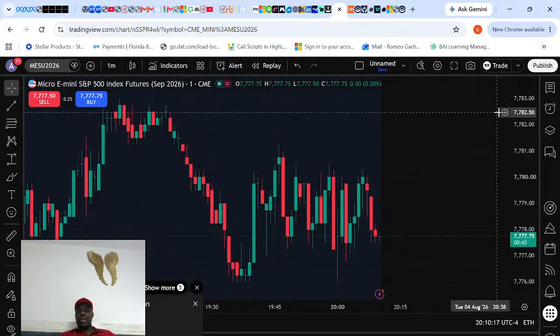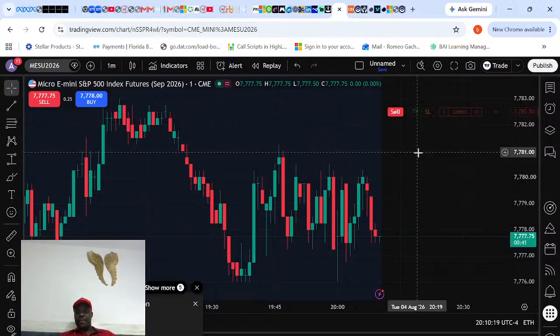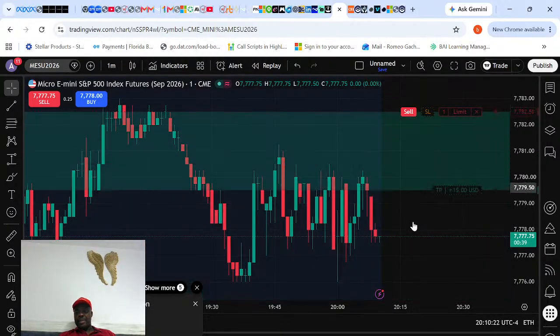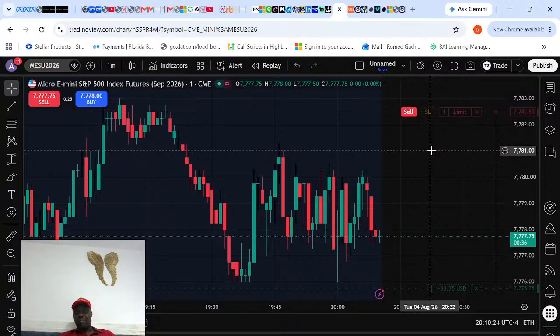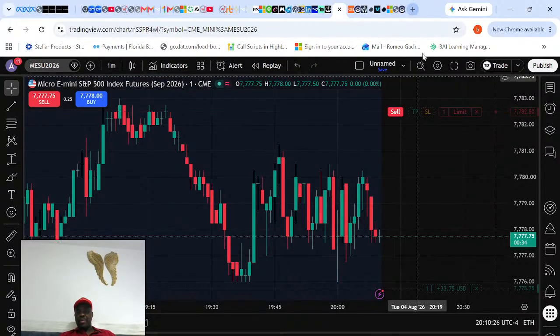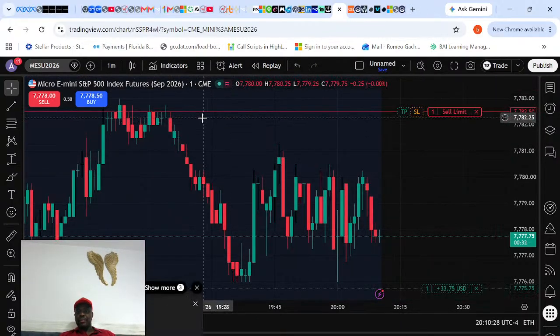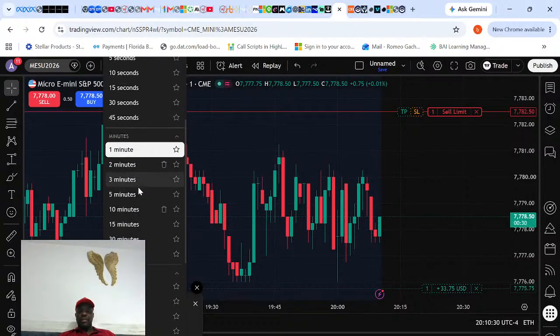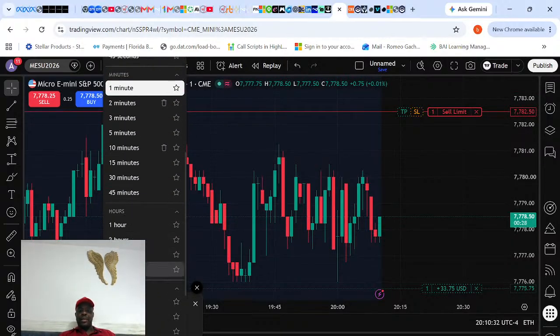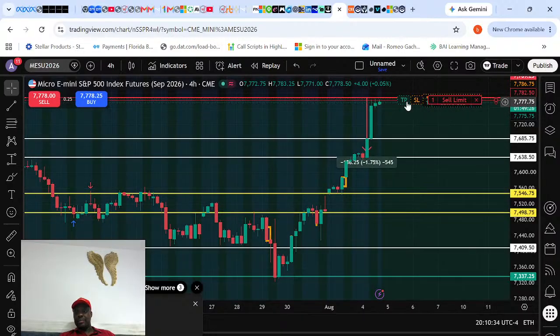So let's just say I wanted the trade to come right here. Sell. We got take profit. We got stop loss. When price goes back there, that's when it will activate.